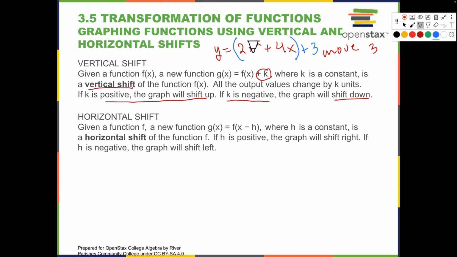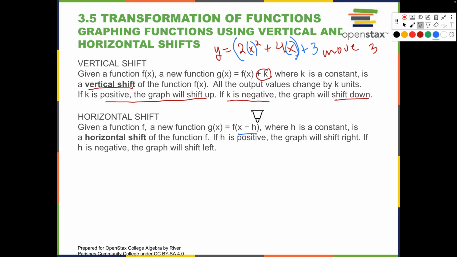The inside of the function is where we put stuff in, so it's always going to be inside the x. So we think of that as the inside part of this function. You have 2 inside places. To do a horizontal shift, you've got to go into the x and then add or subtract. Now this is why they do the opposite.